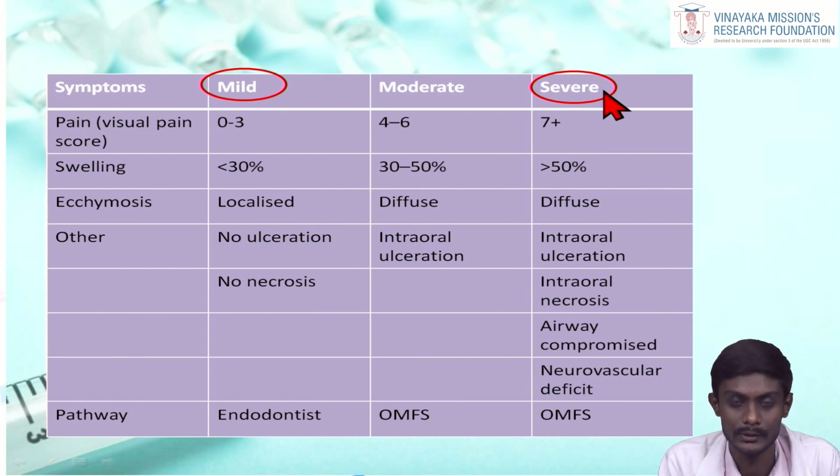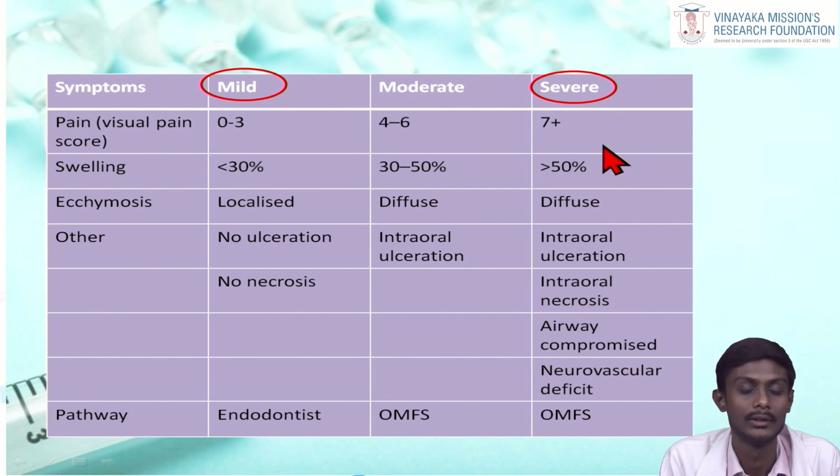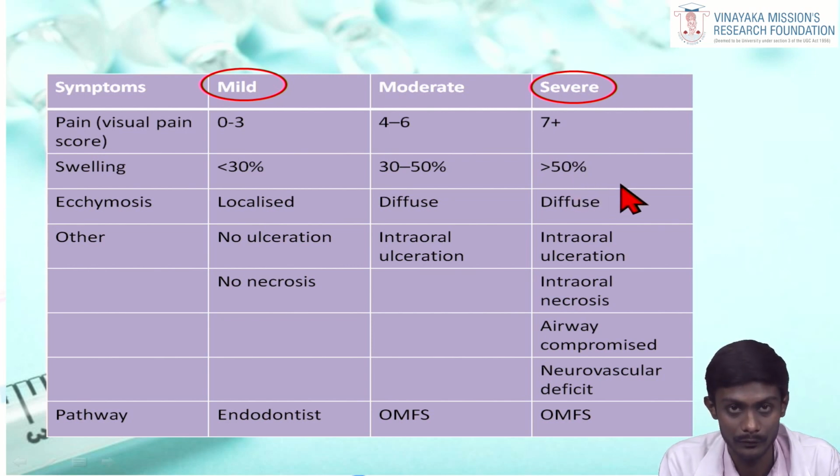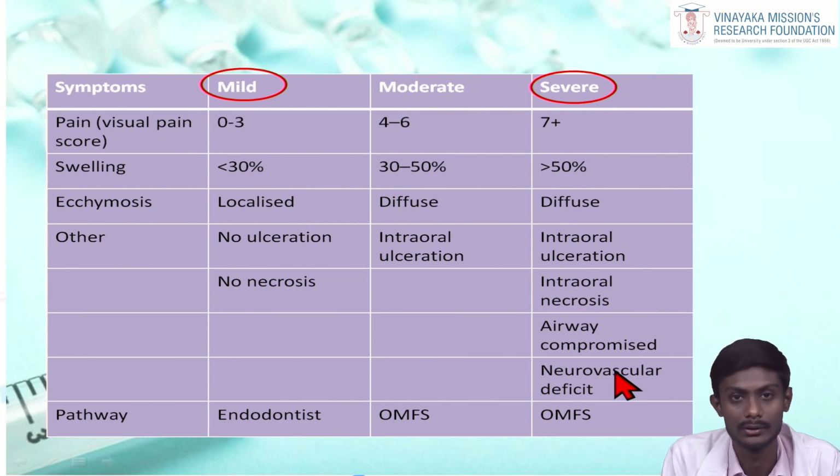In severe cases, the pain score reaches agonizing pain, score 10. The swelling is more than 50% of the face, diffuse on the intraoral and extraoral regions, and ecchymosis is also seen. Other symptoms are intraoral ulcerations, intraoral necrosis, airway compromise, sometimes Ludwig's angina, and stridor. Neurovascular deficit can also happen. In such cases, the definite opinion and management of oral and maxillofacial surgeons are also needed.